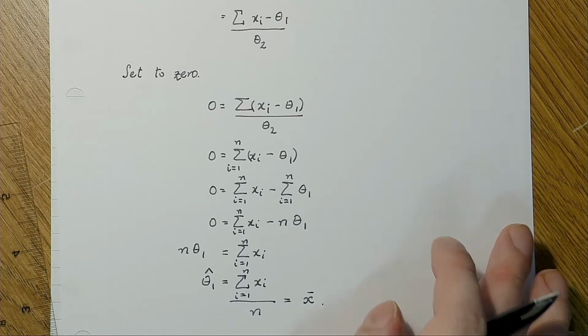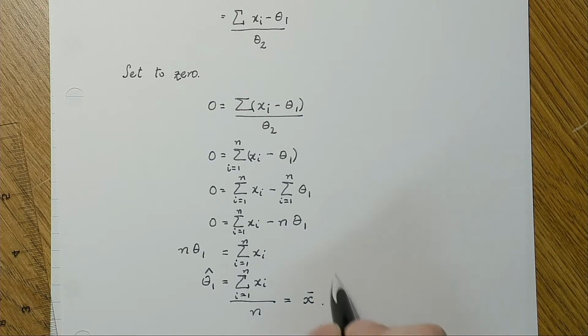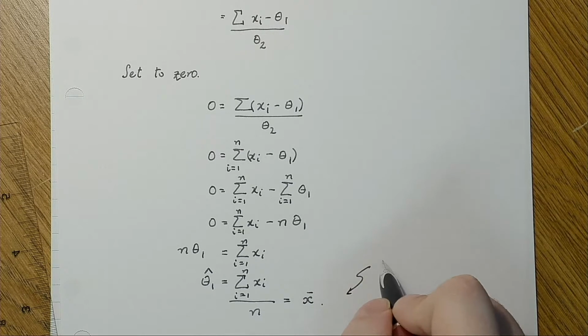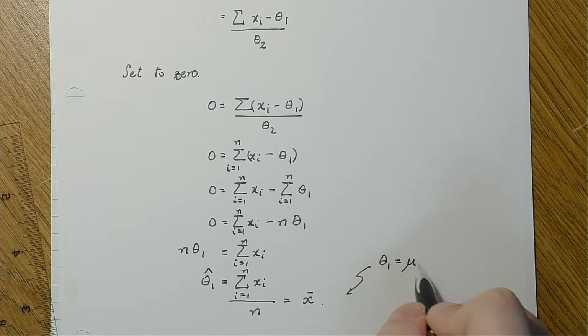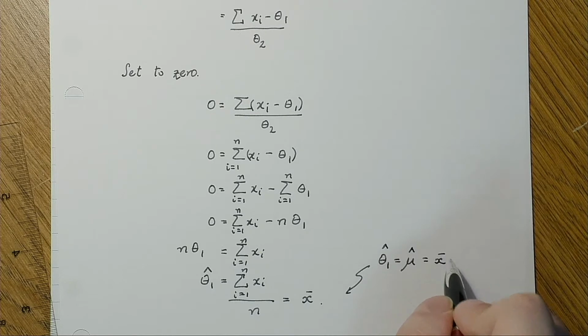So what we did find was that our mu1, which was kind of our theta, and so there's our hat, is equal to the mean. So that's good.